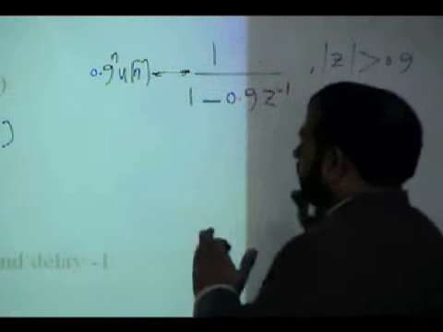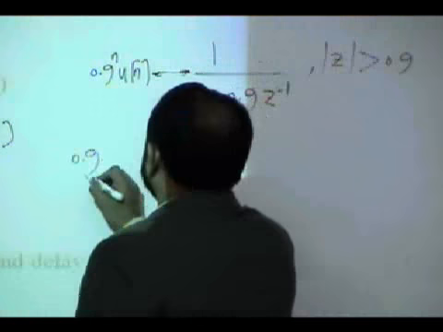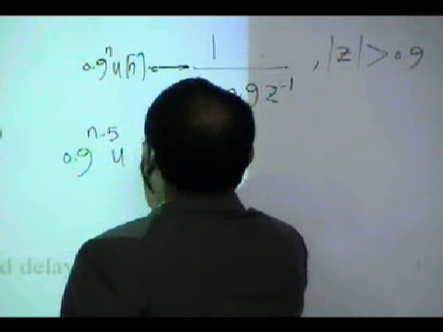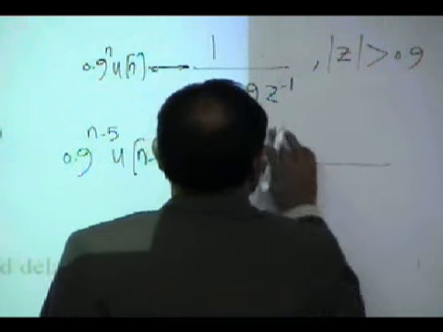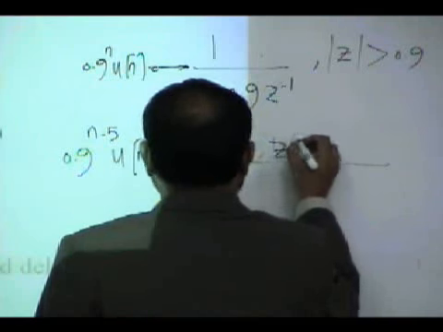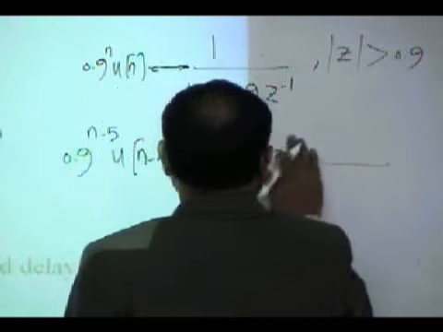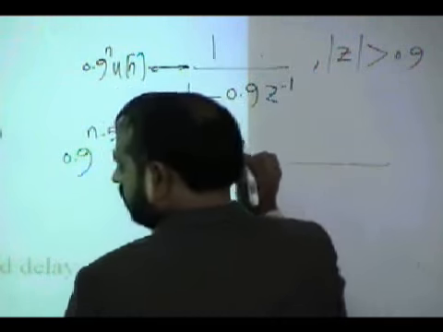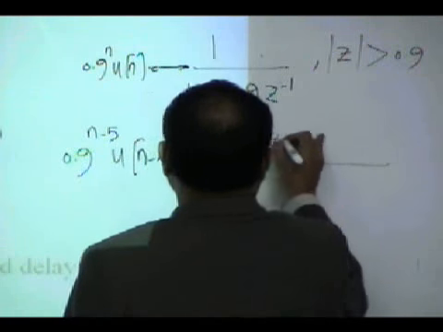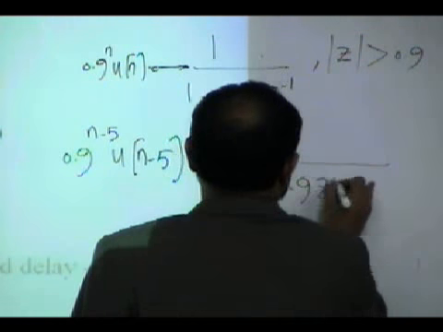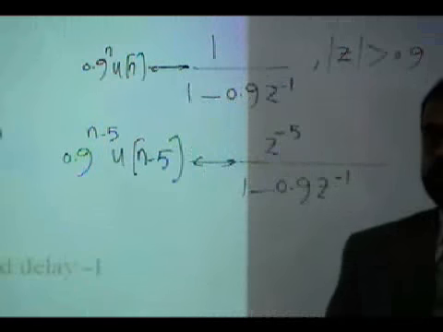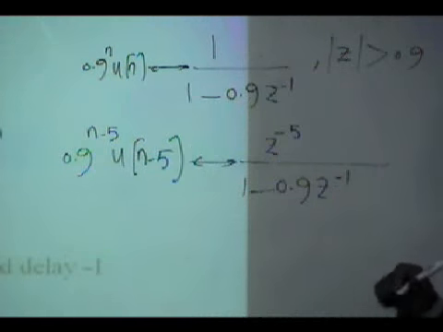A delay in time is multiplication by z to the minus 5. So this is the answer, 1 over 1 minus 0.9 z inverse times z to the minus 5.